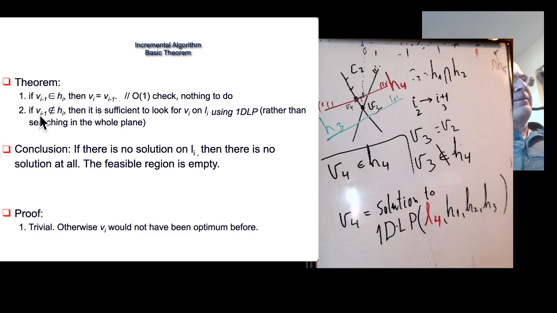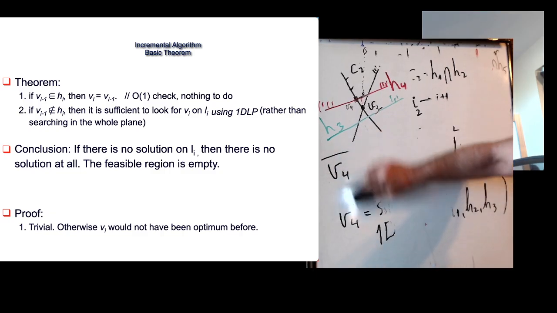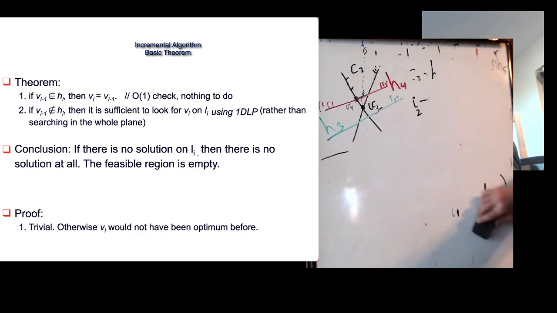Otherwise, if Vi minus 1 is not in Hi, then it's sufficient to look for Vi on Li itself using the 1D LP. And there is another conclusion here.